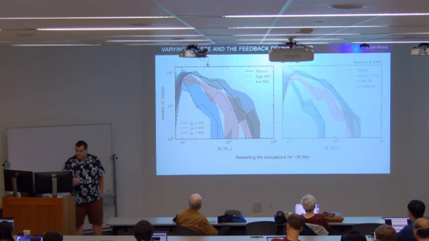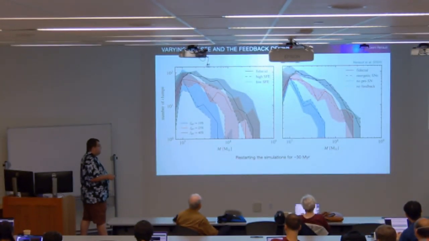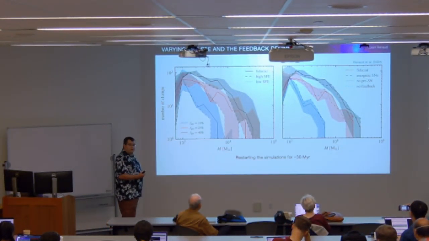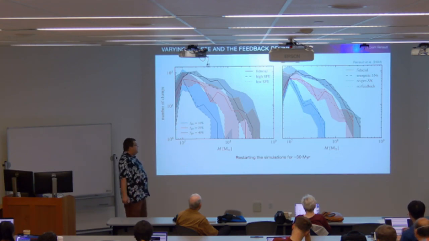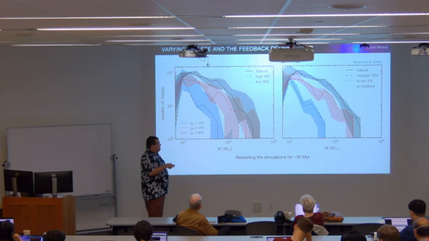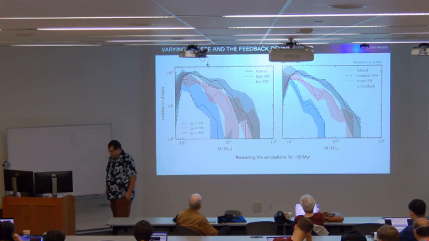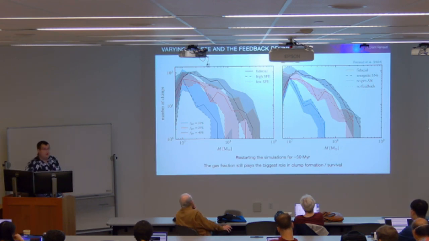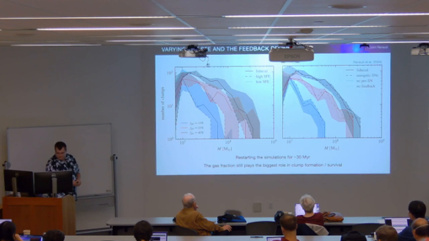I continued this with the feedback, multiplying the energy of the supernovae, switching off all the pre-supernovae effects like winds and radiation, and switching off feedback altogether. And again, this gives me a shaded area, but which are still much narrower than the separations caused by the gas fraction. So this is why I'm confident saying that the gas fraction did play the biggest role in the formation or maybe survival of massive clumps.